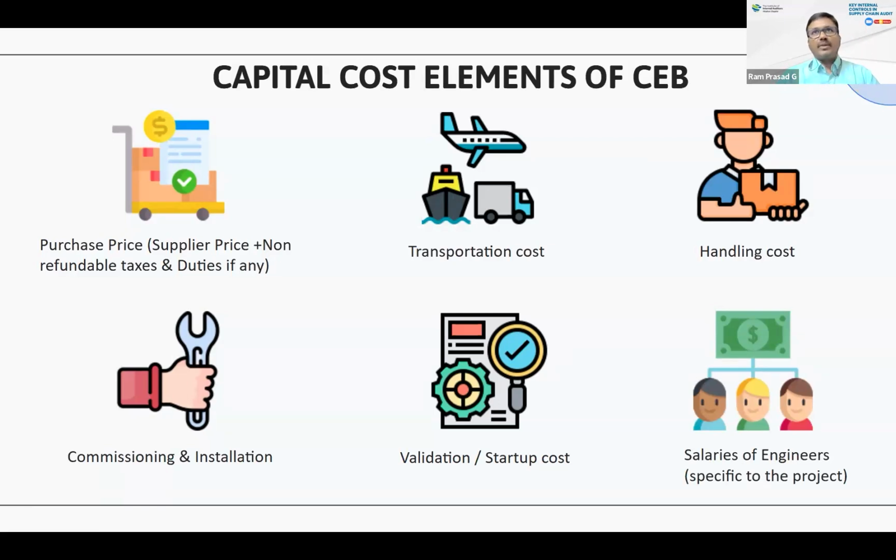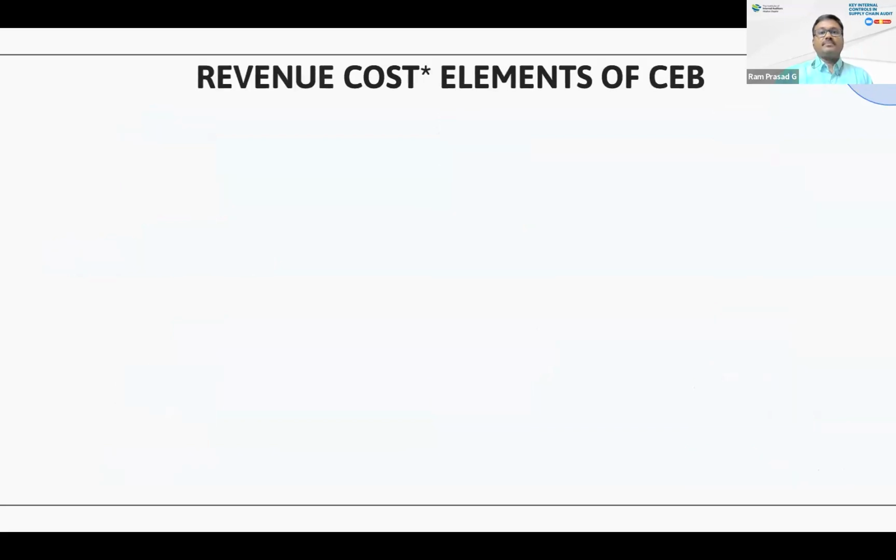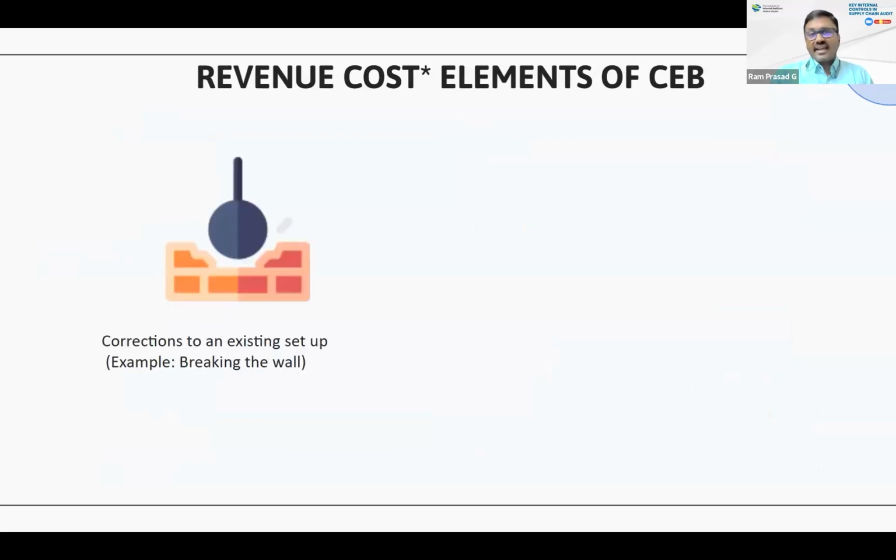So when you are looking at capitalization of assets, these are some areas which we can check, whether appropriate spends have been booked as asset cost. Another debatable point that always comes up in capitalization is what is a cost which is revenue in nature and cannot be capitalized. Any corrections done to the existing setup, like breaking a wall, are different from setting up a new line.